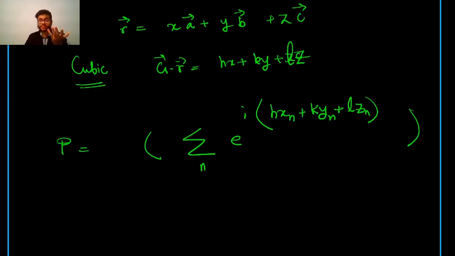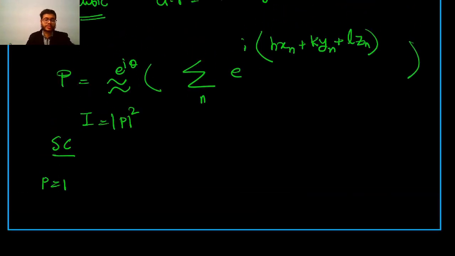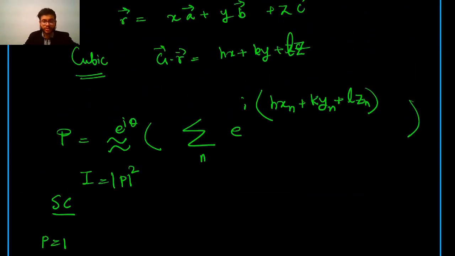This is the easier, mathematical way. For simple cubic, we will see P to be 1. We are completely ignoring the phase factor, because it will cancel out when calculating the intensity, which is just given as P square. When we take the mod, the phase factor will just go away.